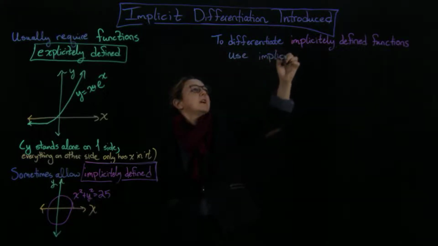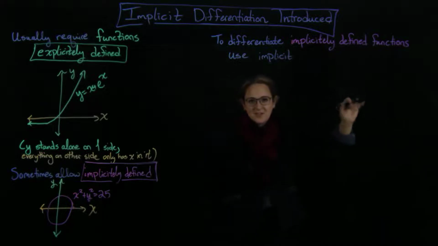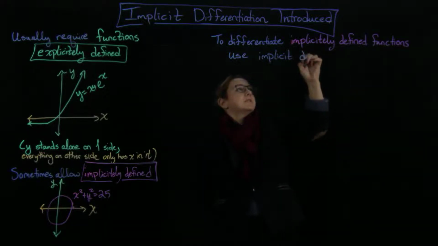And really, it's just very careful use of the chain rule. Use implicit differentiation.